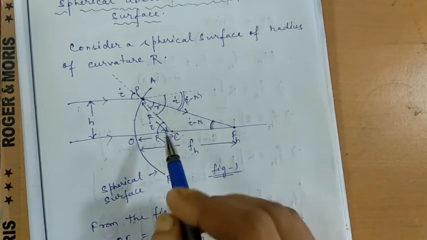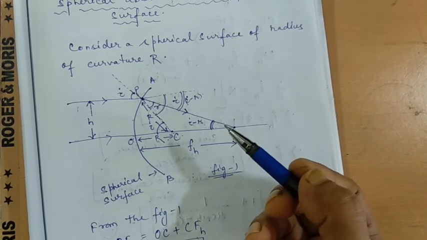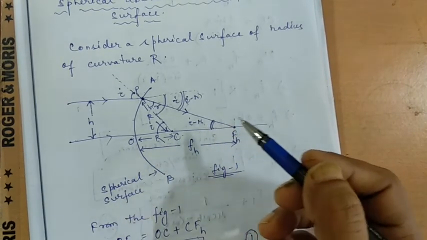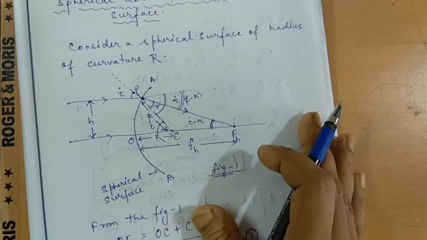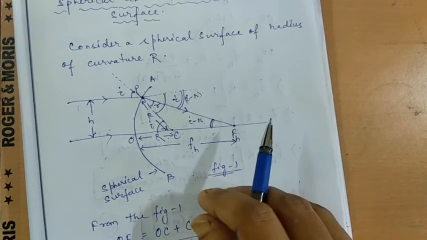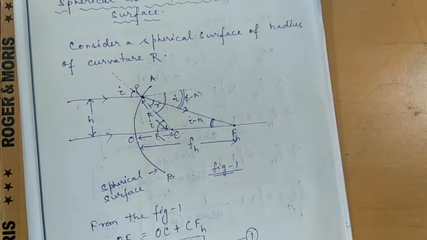From this sin i value you can calculate cos i by taking the formula cos i equals root over 1 minus sin square i. Again, in a similar way we can calculate sin r and then cos r. So let's do that.